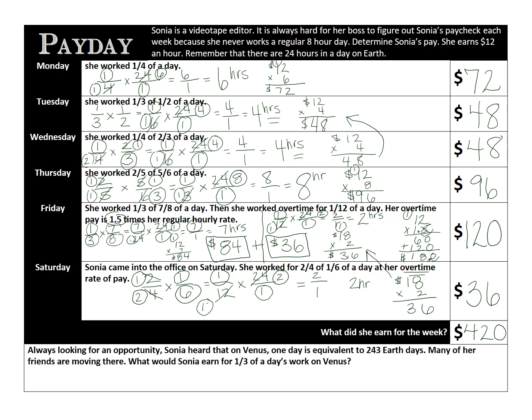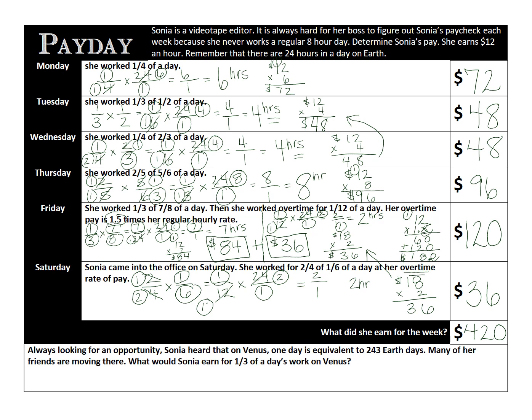Always looking for an opportunity, Sonia heard that on Venus, one day is the equivalent to 243 Earth days. Many of her friends are moving there. What would Sonia earn for 1/3 of a day's work on Venus?